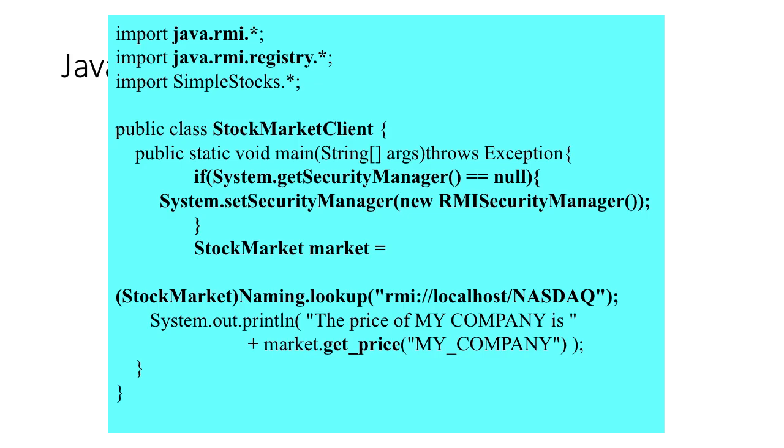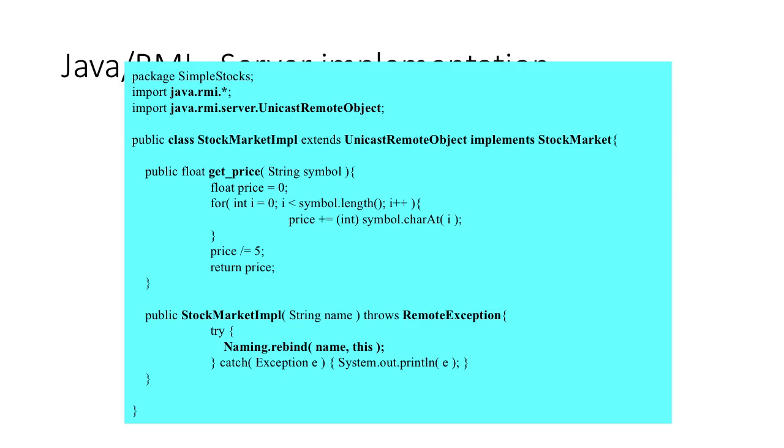So here's an example where we've got an RMI security manager being created, and then we proceed to look up on the local host the NASDAQ server, which apparently gives us prices.